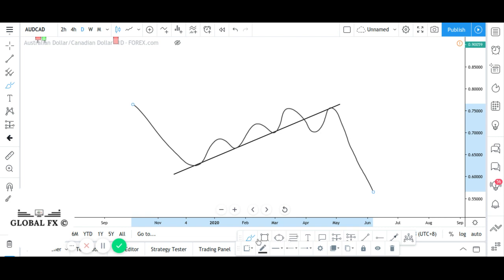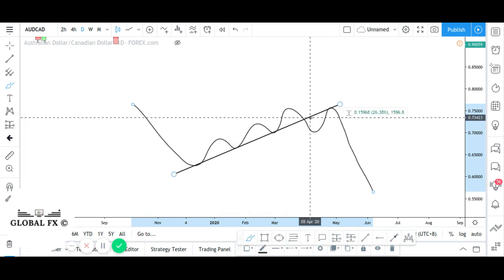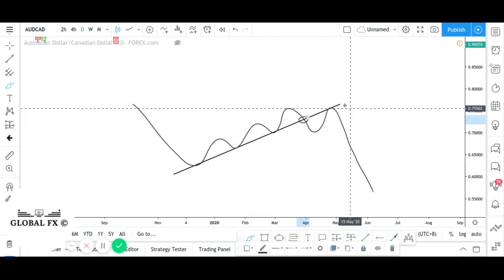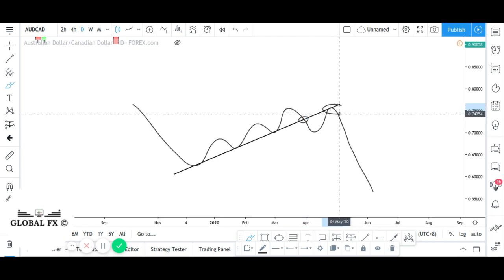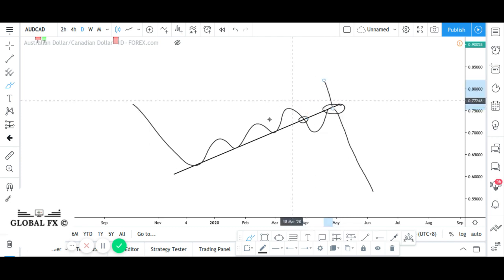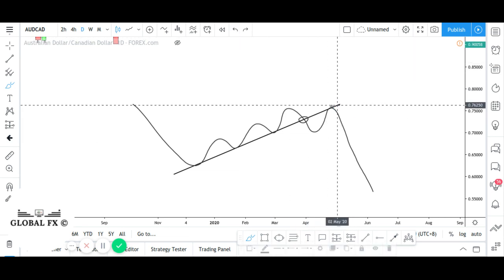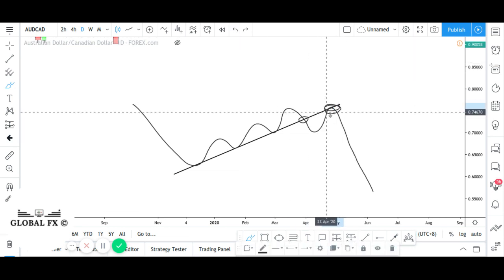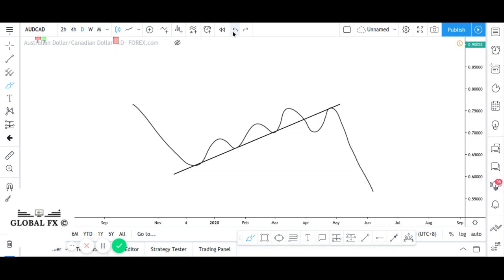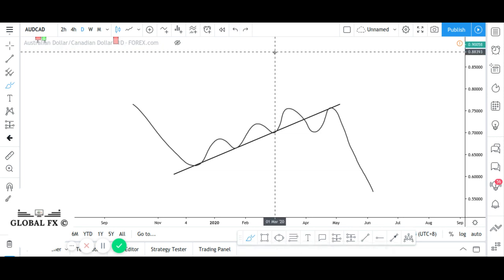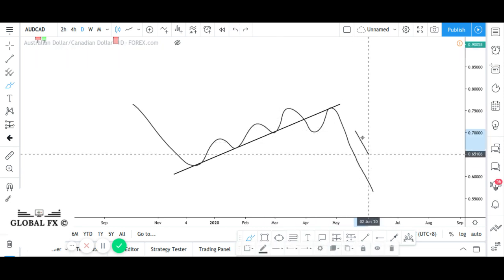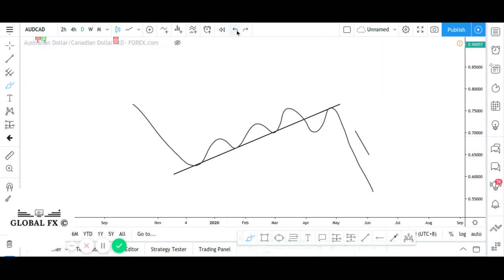So what we are waiting for is a break of the trend line, and then we are also waiting for the retest for our entry point. Once you can enter the market on the retest of this broken counter trend line, it's very easy for you guys to profit off this market, because the market will definitely move to the downside.